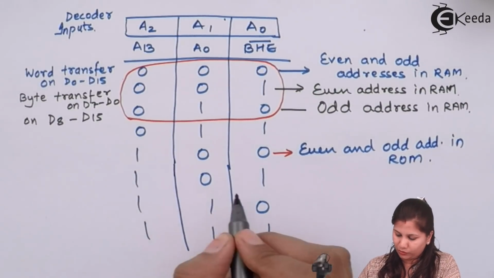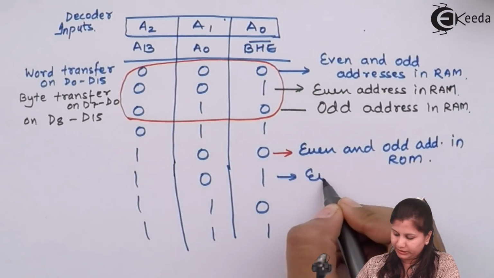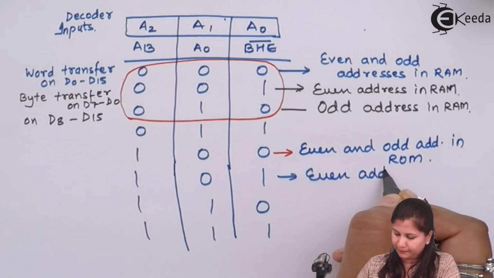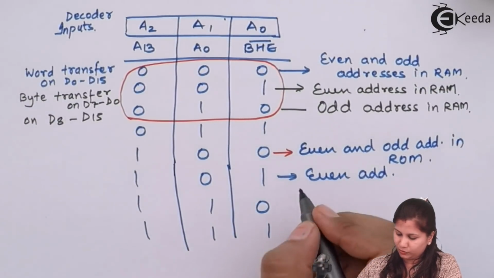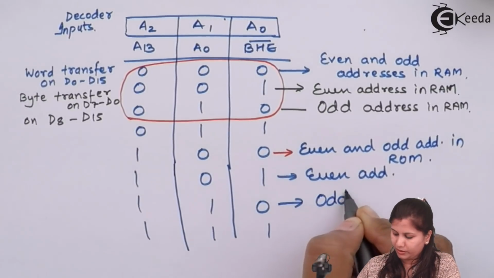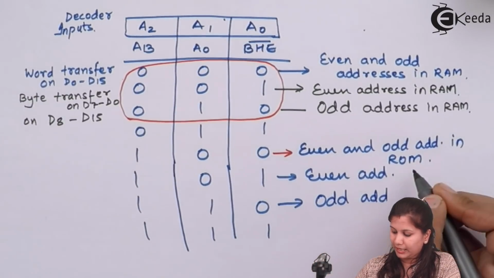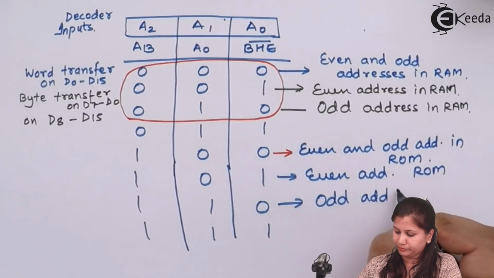When it is 1, 0, 1, then only the even address, and if it is 1, 1, 0, then only the odd address, and they are in the ROM.